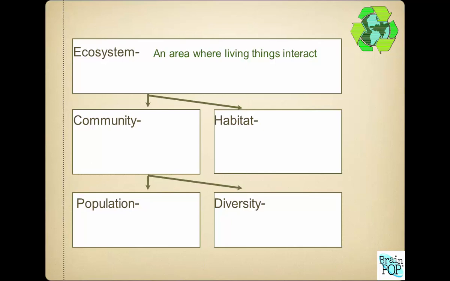And ecosystems might be big, a large forest ecosystem, or they could be very small. The courtyard of our school, or even a puddle, or a rock and log can be thought of as its own small ecosystem.